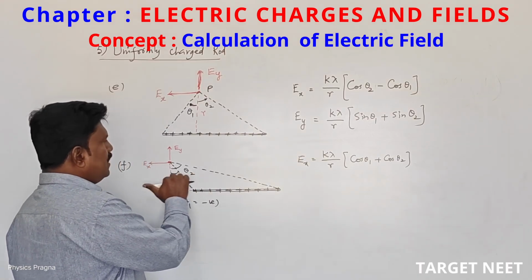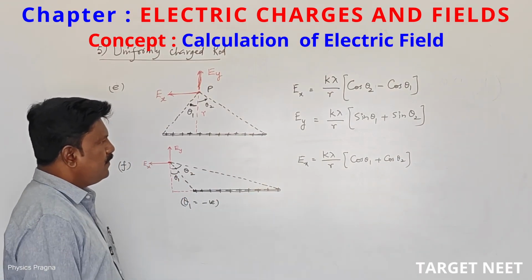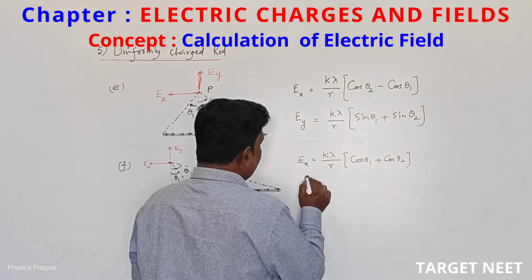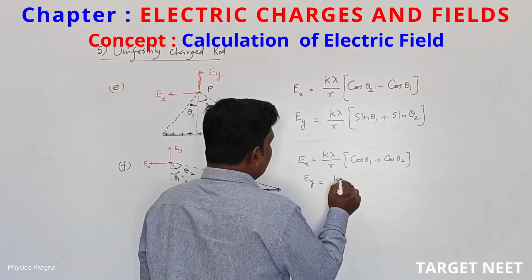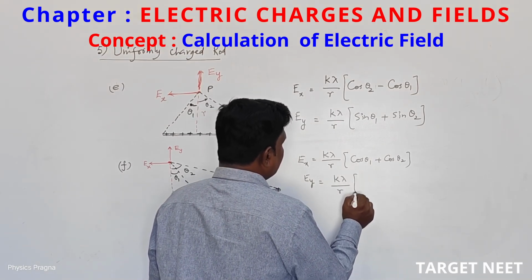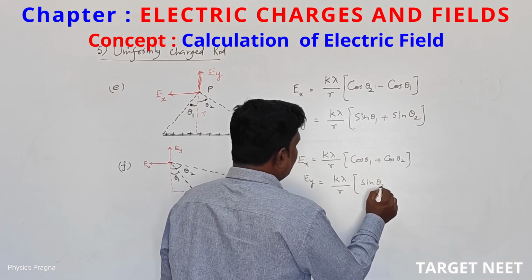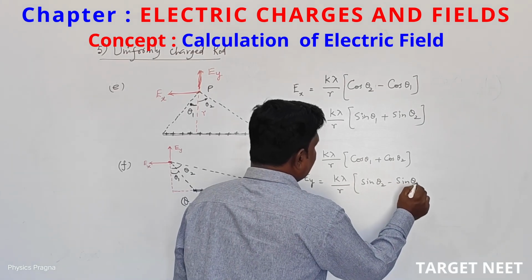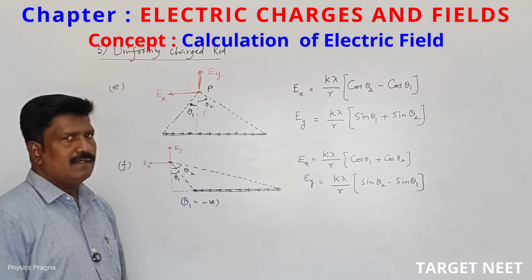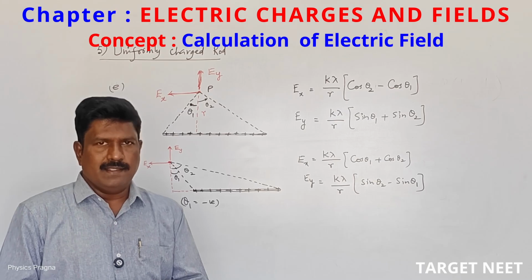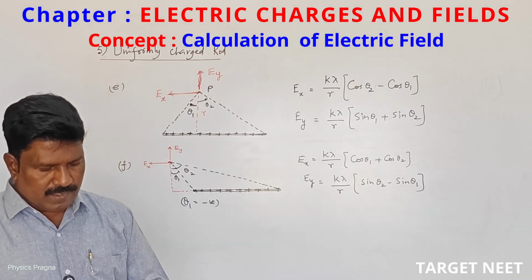See, here the values add up, that's why it came positive, and Ey is equal to k lambda by r, sin theta 2 minus sin theta 1. So like this we can remember this formula.